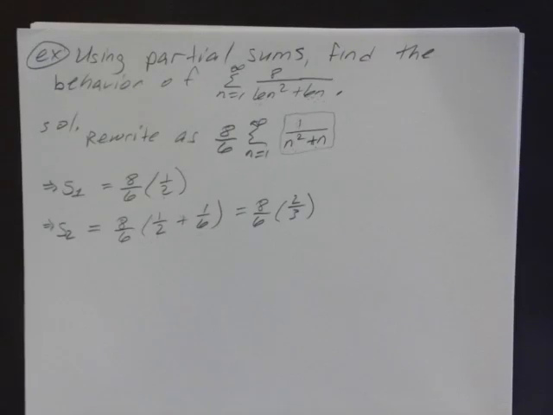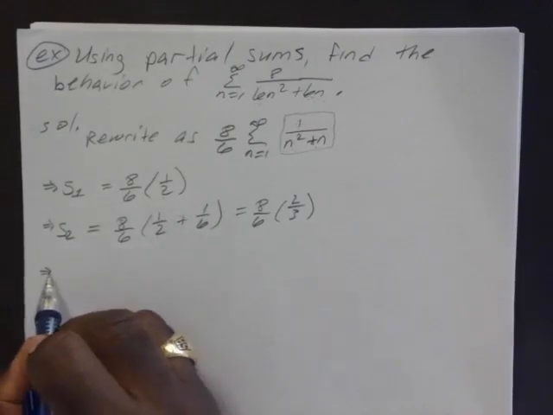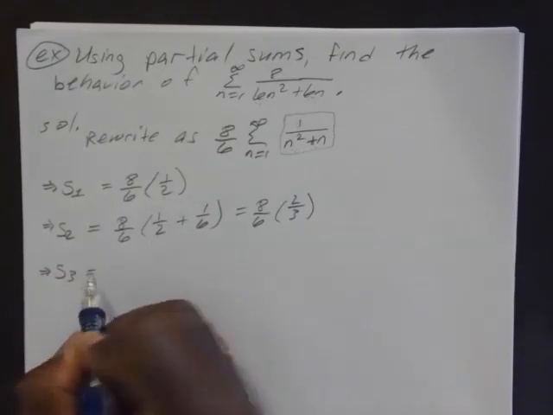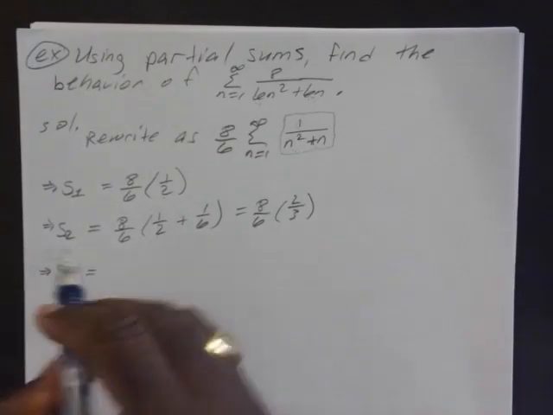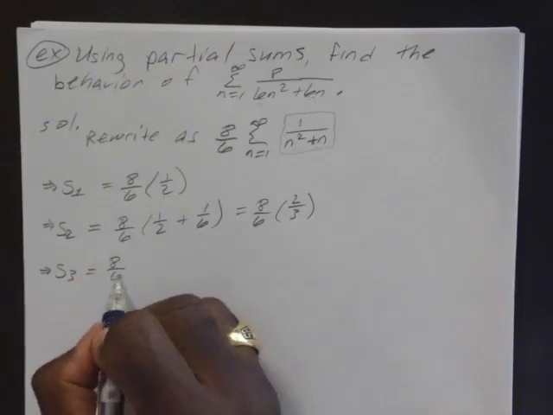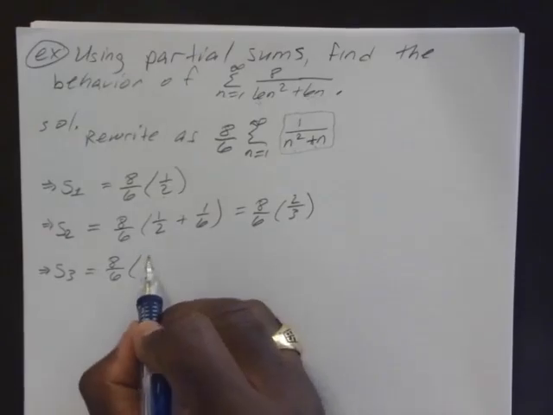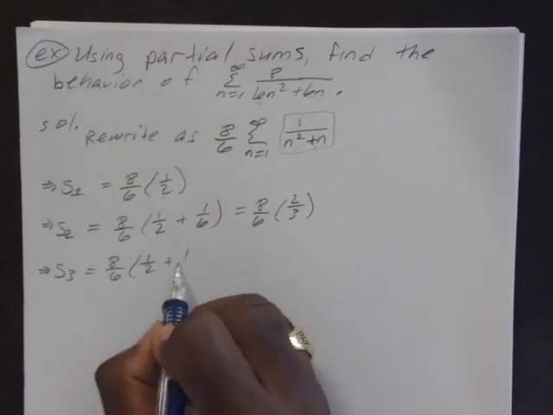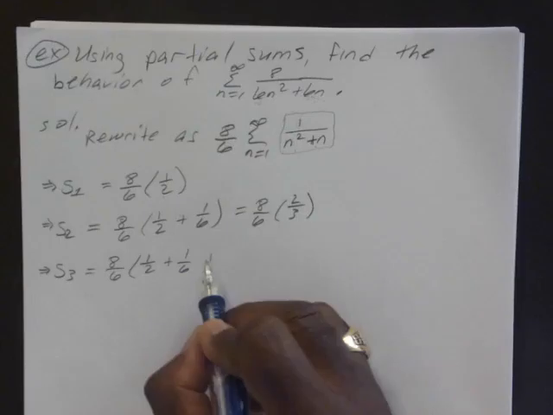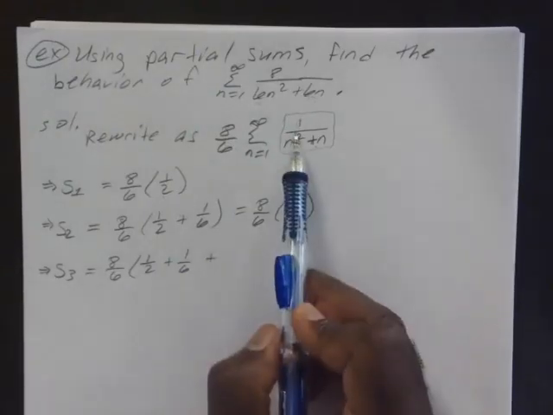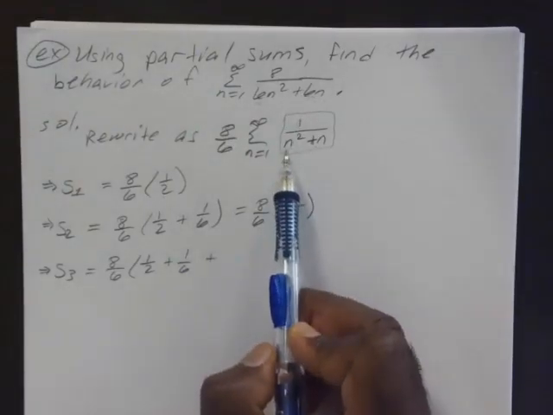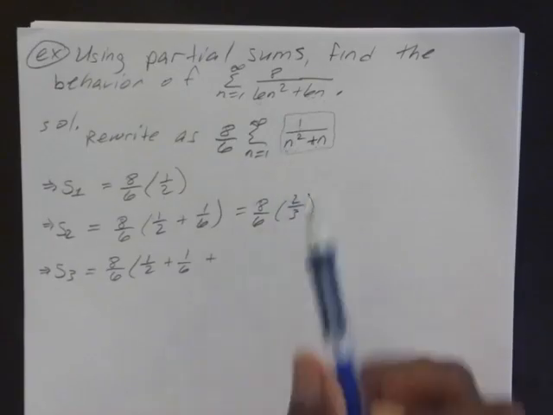And it looks like a little bit of a pattern starting again. But let's do our third partial sum. So we have 8 over 6 times, the third partial sum is just the sum of the first, the second, and the third. So you plug in 3, you get 1 over 3 squared, which is 9, plus 3, which is 12.